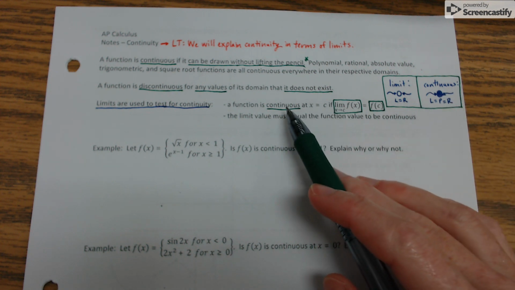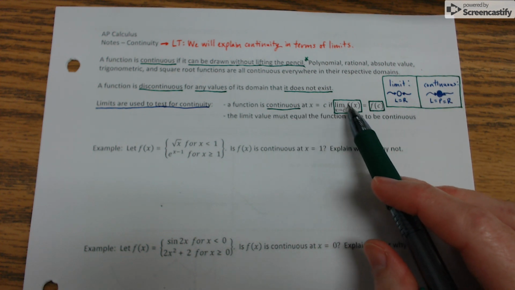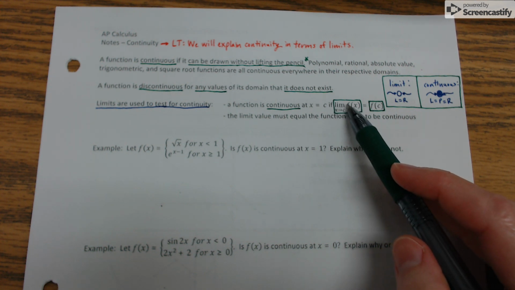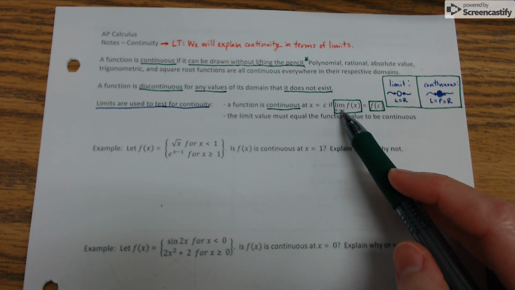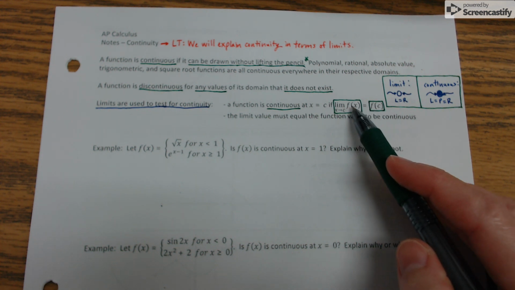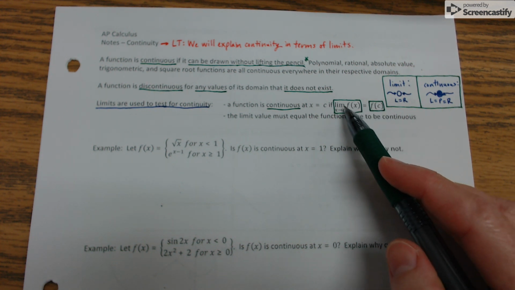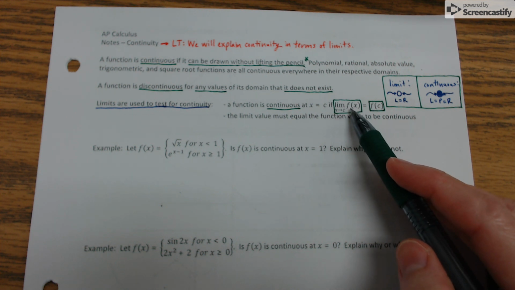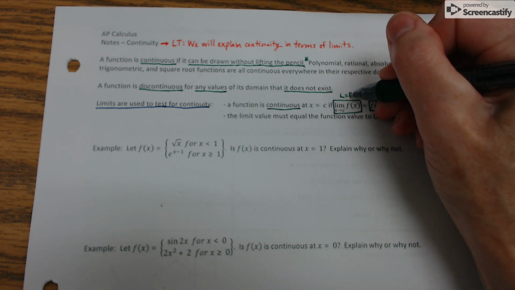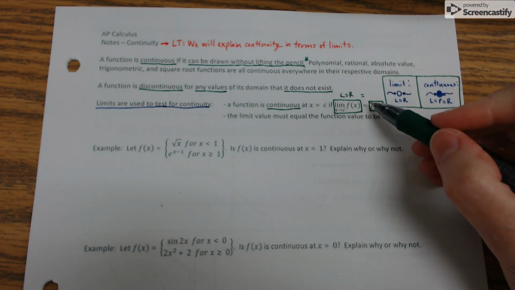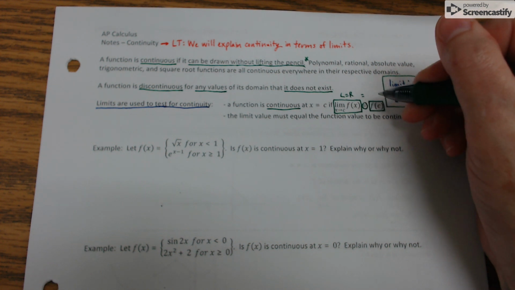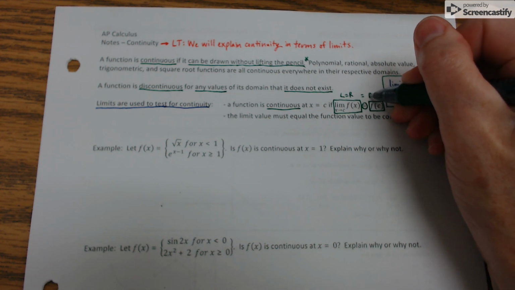Let's look at the definition of a continuous function using limit notation. And this can be a little bit confusing, but we're saying that the limit of the function f of x as x approaches c is equal to the function value at c. And if you're not as comfortable with that notation, just remind yourself that if the limit exists, that is your left and right limit being equal. And we're saying that it needs to be equal to the function value, and the function value is really just where the closed point is.